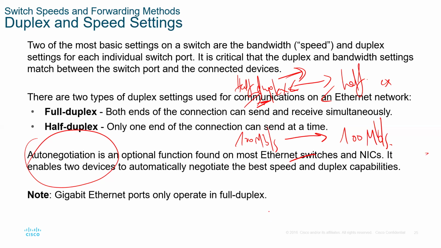And you manually configure both to be the same. If they are not the same, that's a problem. So you can manually as well configure the bandwidth, the speed of a port, so that they are the same for the two ports on the link.